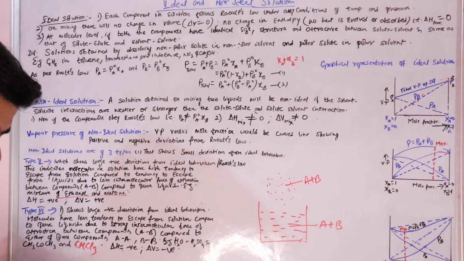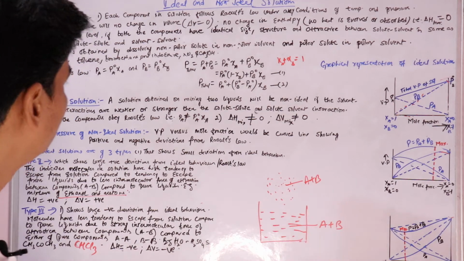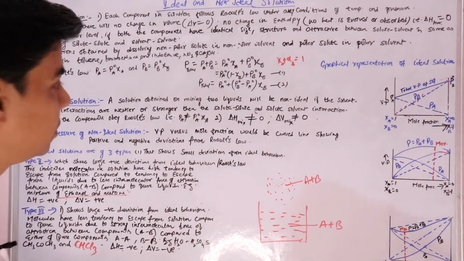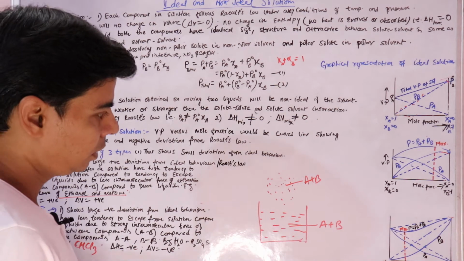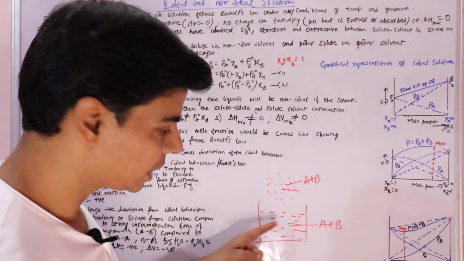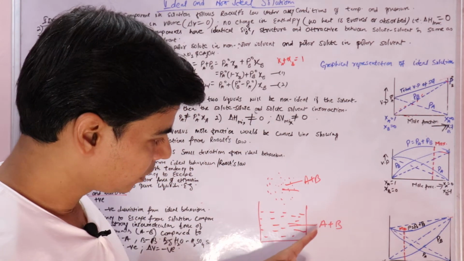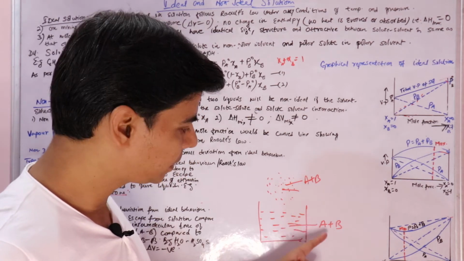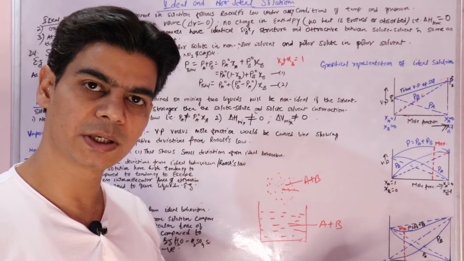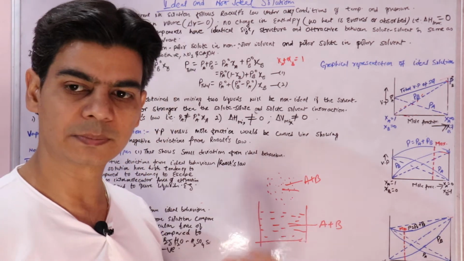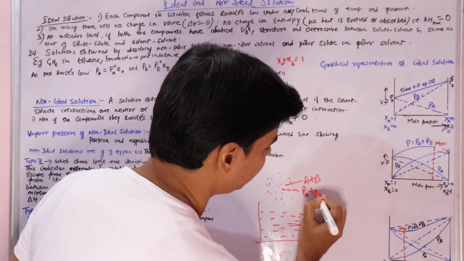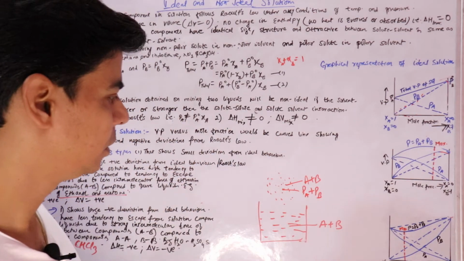Now what Raoult's law states, if you look at these equations 1, 2, 3, these three equations we have done before also: the vapor pressure would consist of vapor pressure due to A and vapor pressure due to B. So vapor pressure due to A is the partial vapor pressure of A, and due to B it's the partial vapor pressure of B. So total vapor pressure would be PA plus PB.